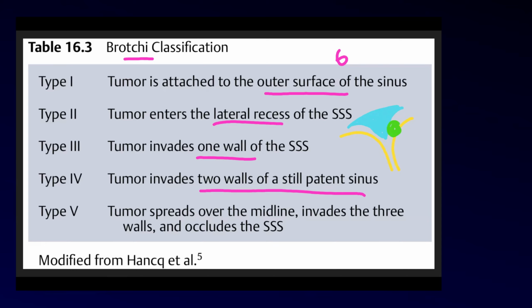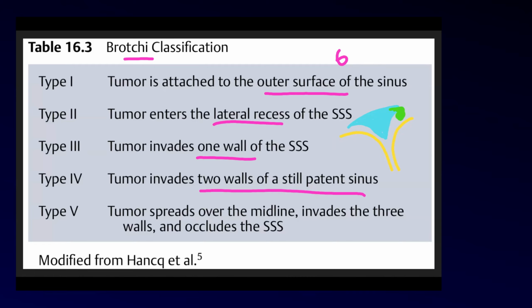This is going to be type 1, when the tumor is attached only to the outer surface of the sinus. Type 2 is when this tumor enters the lateral recess of the sinus. So it is still mostly outside, but it is invading the lateral recess, and that is going to be type 2 of Brocchi.